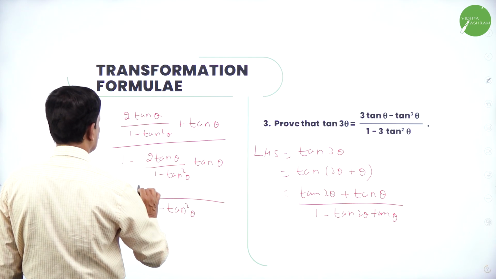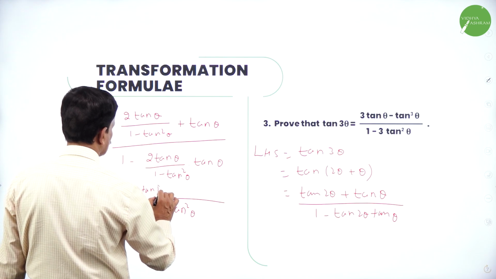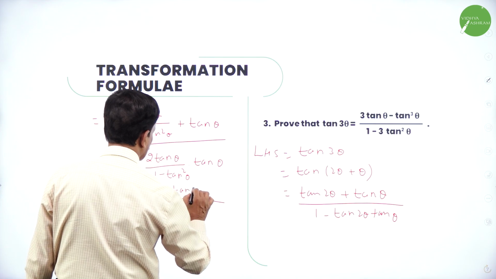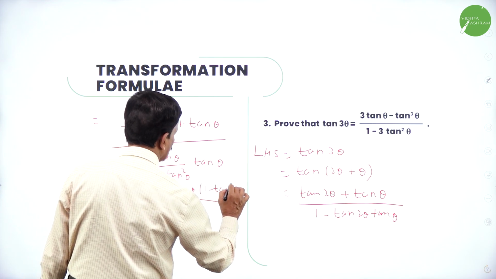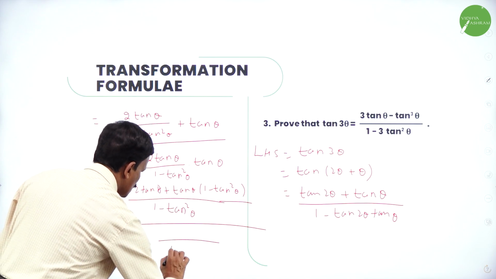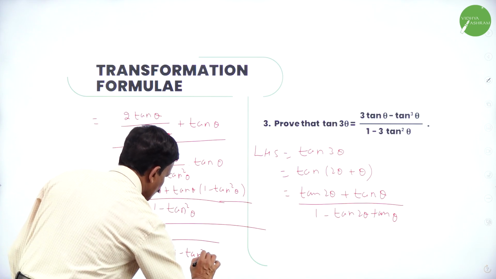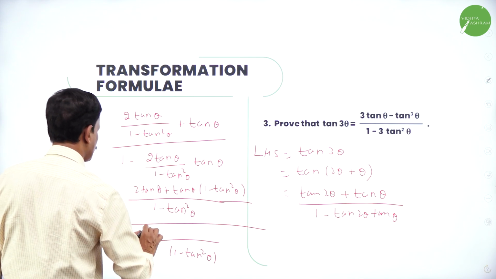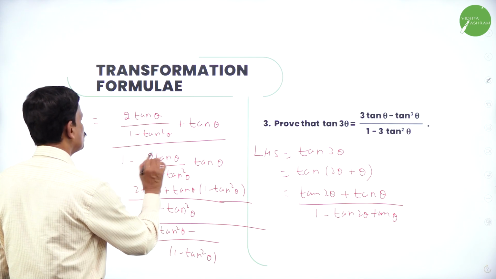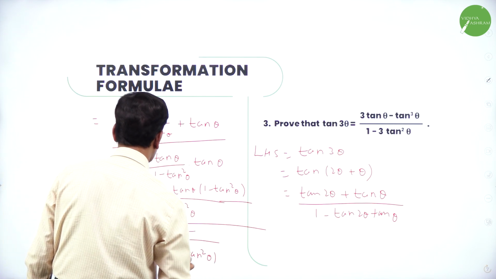So this is 2 tan theta as it is, 2 tan theta plus tan theta into 1 minus tan square theta, divided by, in the denominator also 1 minus tan square theta is the LCM. Cross multiplied, 1 into 1 minus tan square is 1 minus tan square theta, minus 2 tan into tan is 2 tan square theta.